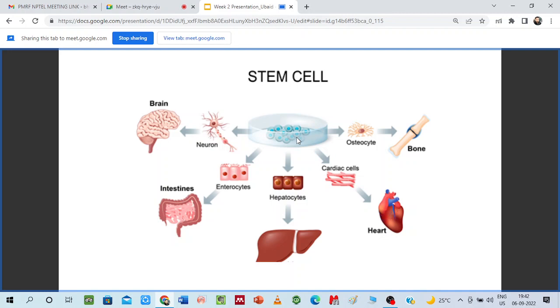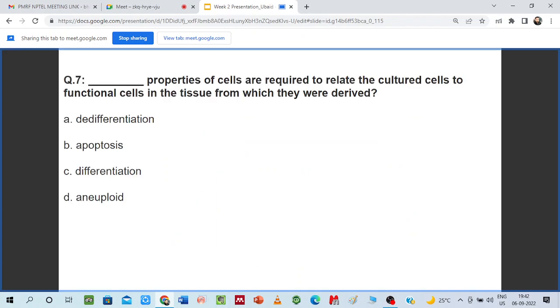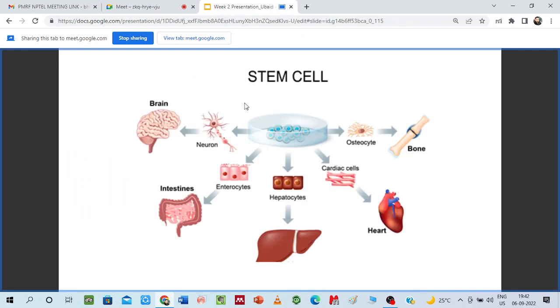But the cell cultures are grown in such a condition. The question was, dash properties of cells are required to relate the cultured cells to functional cells in the tissue. So for making functional or specific cells, differentiation is the answer. For example, stem cells can differentiate into any type of cell.